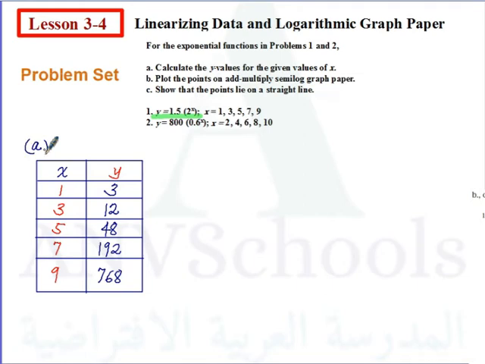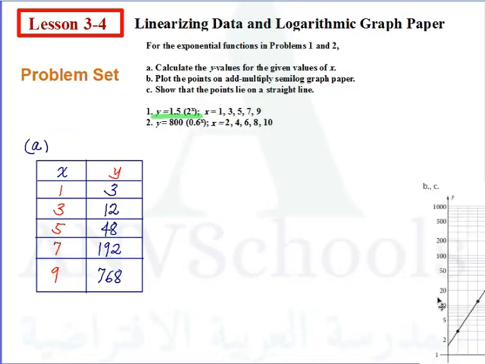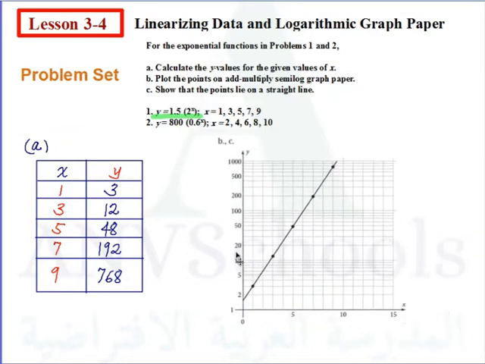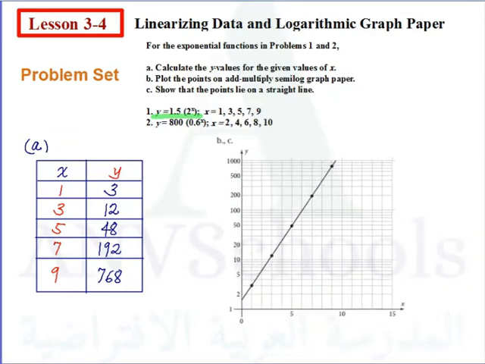Plot the points on semilog graph paper. So I'm just going to show you how to plot it on a semilog graph paper. This is for B and C, and we are to graph it on a semilog. Note that the semilog has a logarithmic scale on the vertical axis. If my x is 1, my y is 3, so it's here.